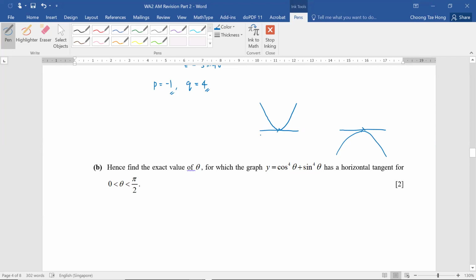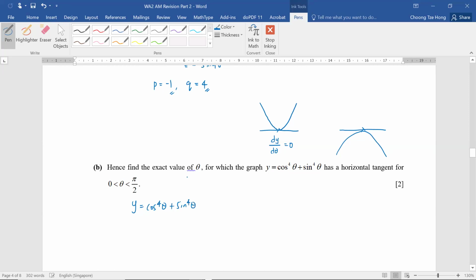So that the tangent is horizontal. So we know that as stationary points, what we can say is that dy dx will be 0, right? So in this case, dy d theta will be equal to 0. Okay, so what we want to do is find dy d theta and then equate to 0 and then solve for theta. So y equals cosine 4 theta plus sine 4 theta.